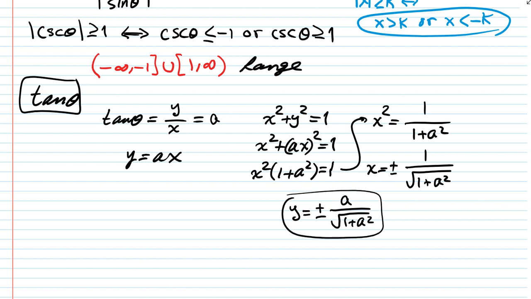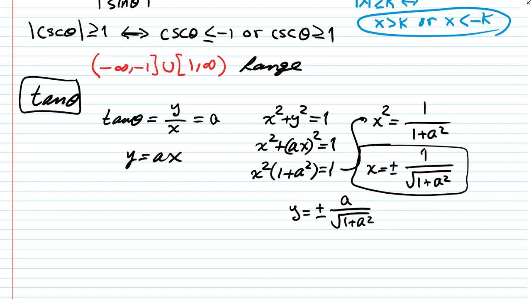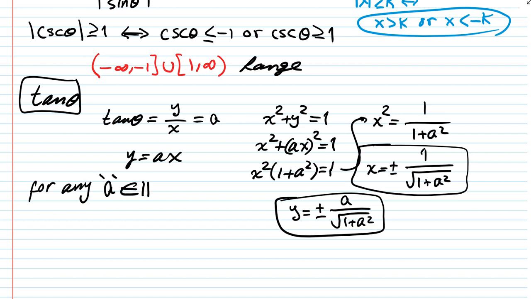Okay, now you can see that for any real number a, the denominator will never be 0 in both cases for x and y. There will never be 0, so there will always be an output for x and y, regardless of what a is. So I'm just going to write that for any real number a, we can say that x and y exist.